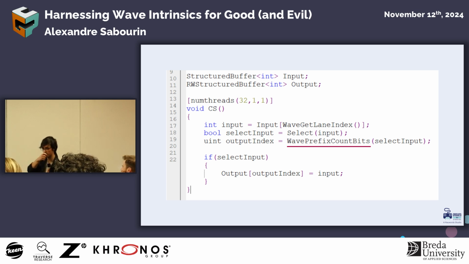But wave active sum, as the name says, considers only active lanes, so each inactive lane I think will just add 0 instead. So considering your active lanes is something you have to keep in mind when you're working with wave intrinsics. You also have to keep in mind helper lanes and a bunch of other things, unfortunately. We can't just be clever and not have to worry about it afterwards.